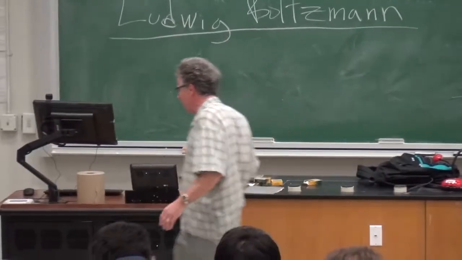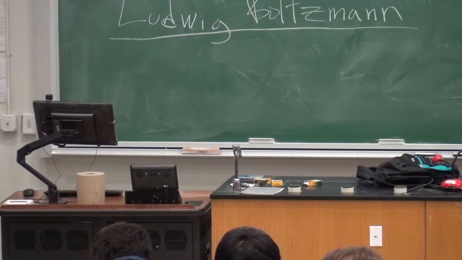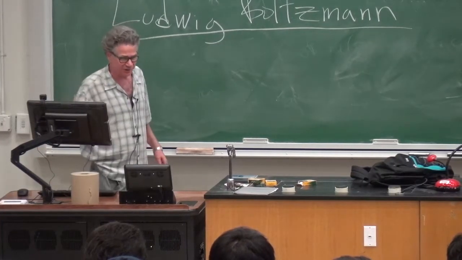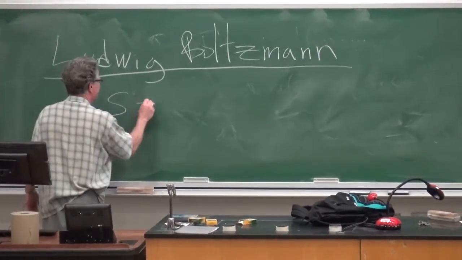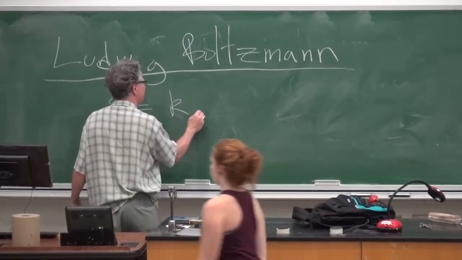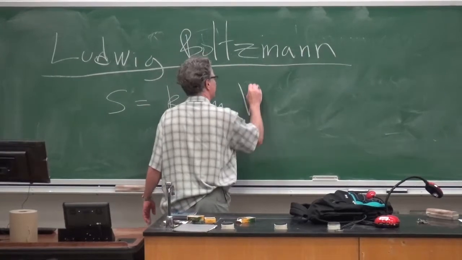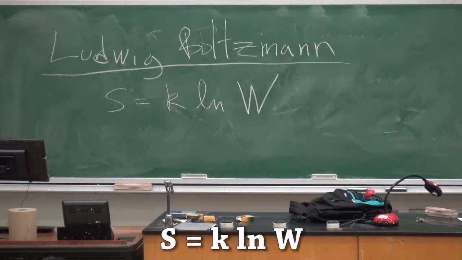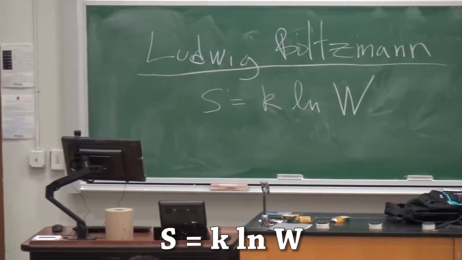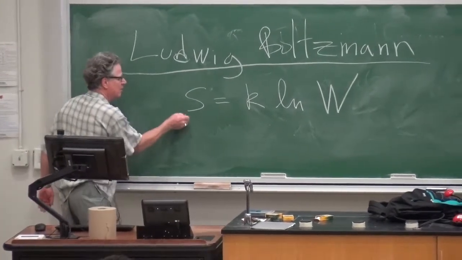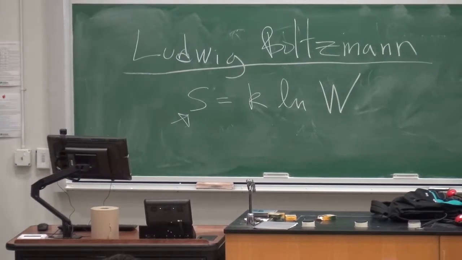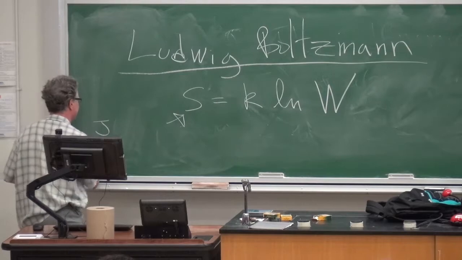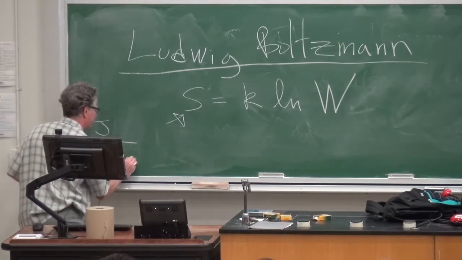Now, on his tombstone, on Boltzmann's tombstone in Vienna, he was an Austrian physicist. It's not exactly this form of the equation, you can look it up, is that equation, where S is the entropy, let's call it entropy, joules per Kelvin per molecule.